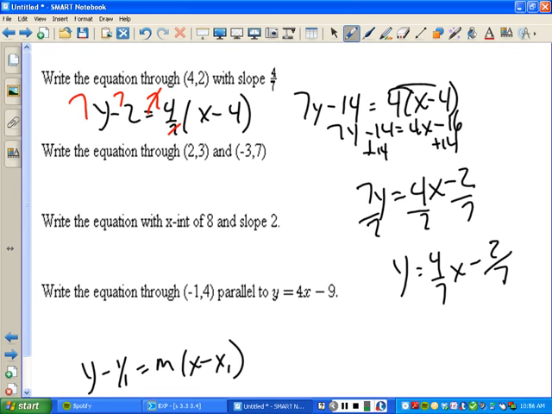And then you multiply 4/7 times negative 4, right? That would have given you 16/7. It gave me 4/7x minus 16 over 7. If you do 4 over 7 times negative 4, you'd get negative 16 over 7. Oh, you're saying you're getting negative 2 and 1/7 or 2 and 2/7?